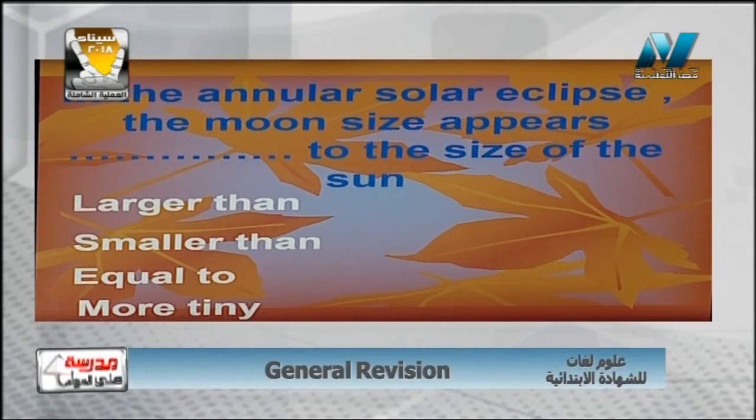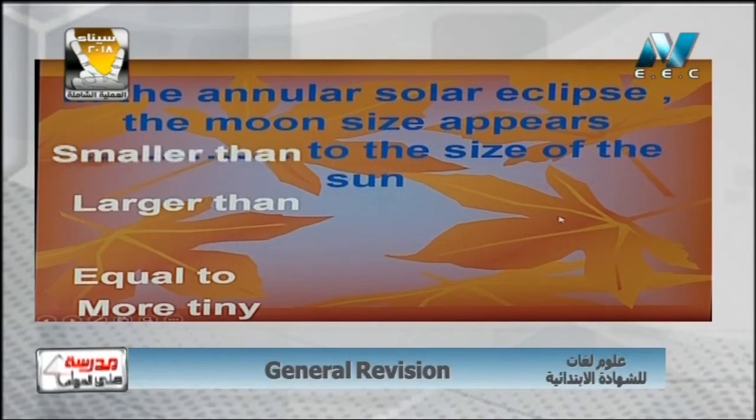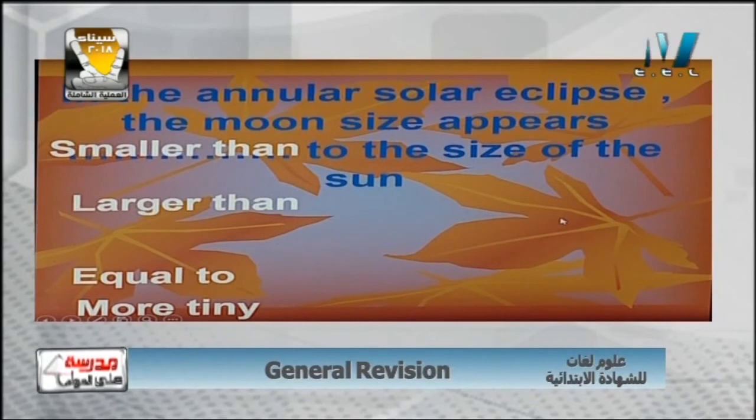I know it was repeated, but in this question we should remember the size of the moon related to the size of the sun. We know smaller than, because we are talking about the annular solar eclipse.